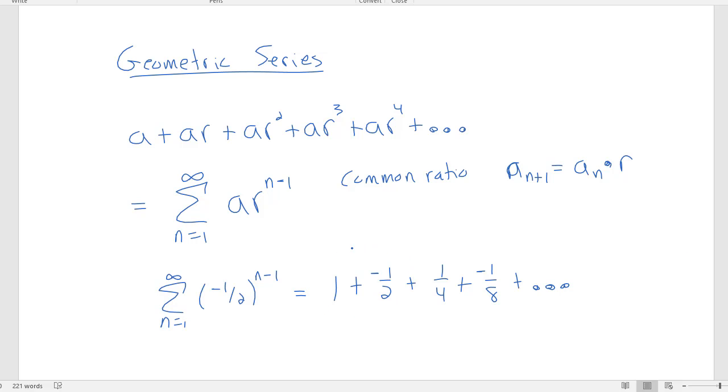If I look down at this example, my common ratio is negative 1/2, based on how we write our series form for a geometric series. We can see 1 times negative 1/2 is negative 1/2, so I get the next term. Negative 1/2 times negative 1/2 is positive 1/4, and then positive 1/4 times negative 1/2 is negative 1/8, and so on and so forth.